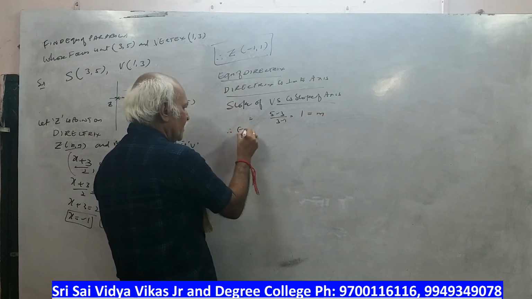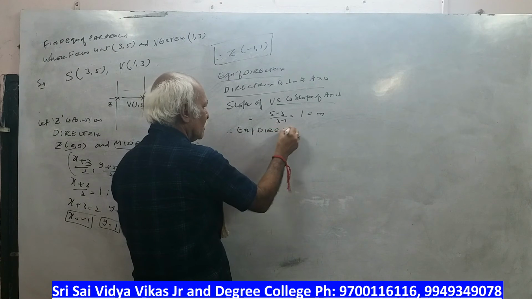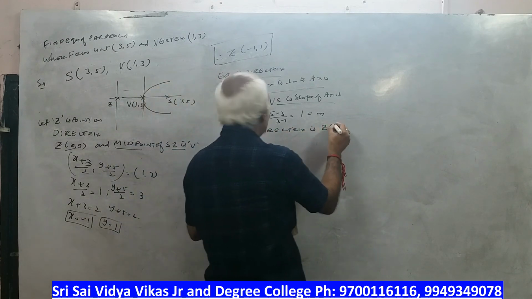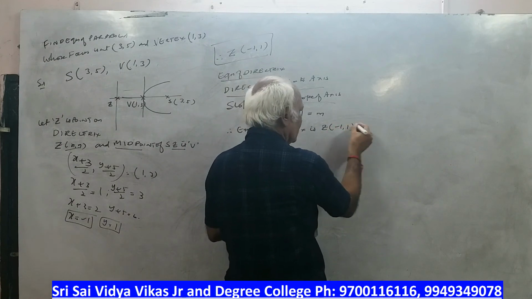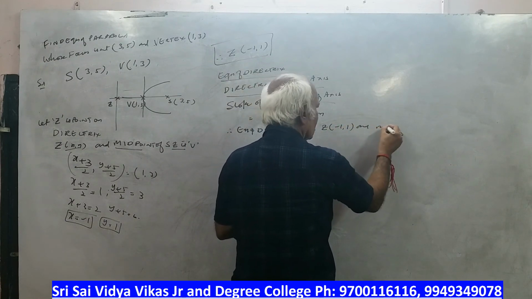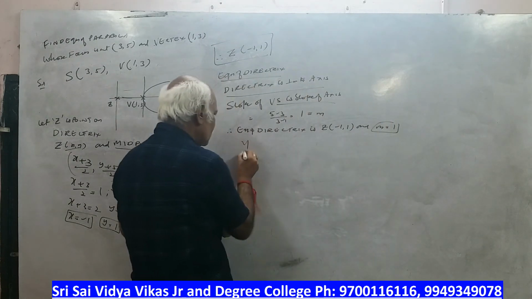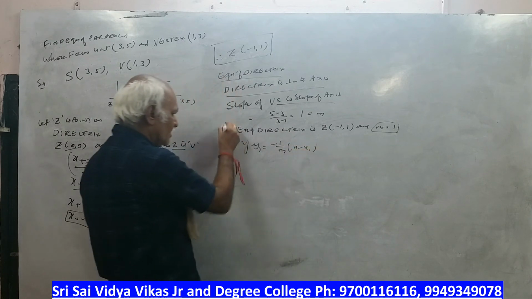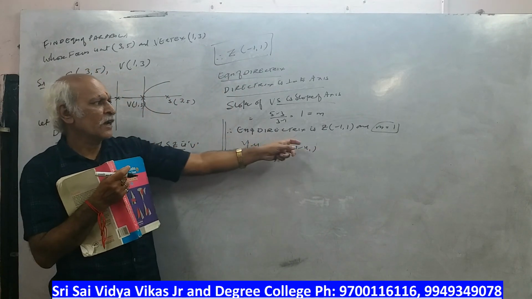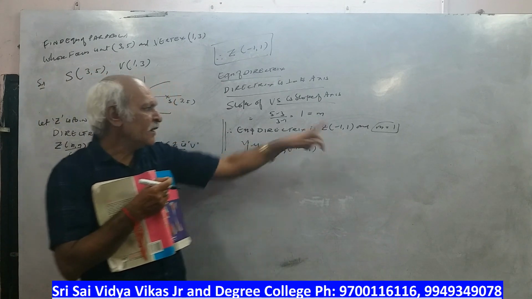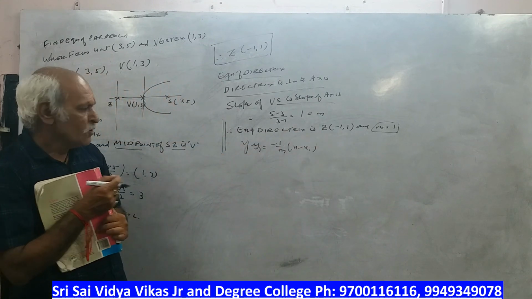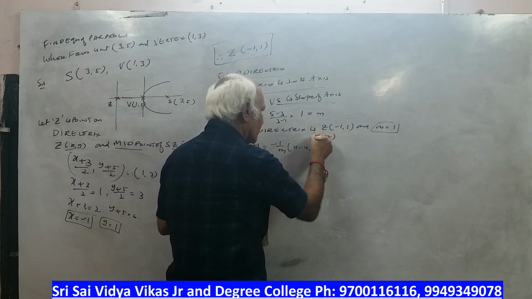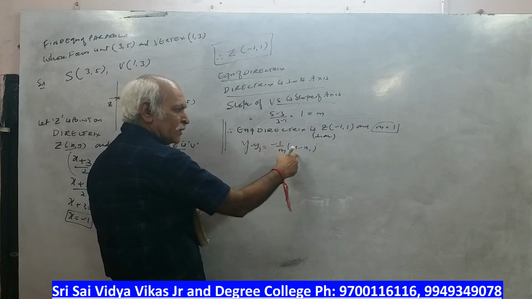Therefore, the equation of the directrix is through Z. What is the Z point? (Minus 1, 1), and the m value we got is 1. Because it is perpendicular, y minus y1 is equal to minus 1 by m into (x minus x1). The directrix passes through point Z with slope 1, but the equation is perpendicular, therefore y minus y1 is equal to minus 1 by m into (x minus x1).